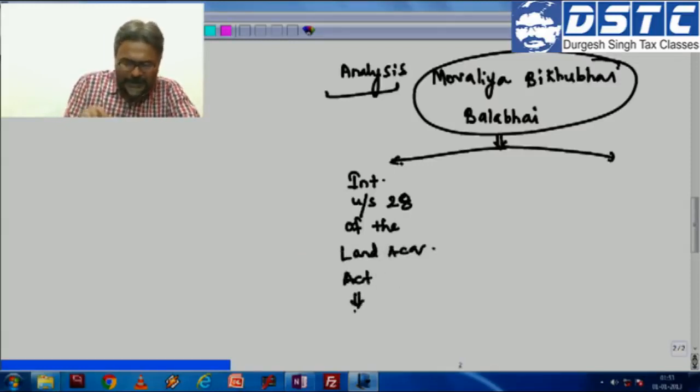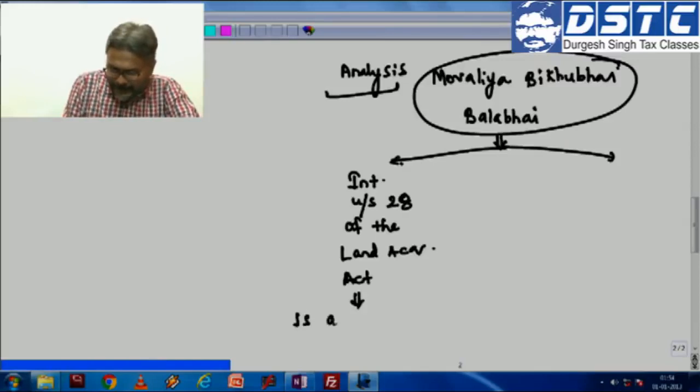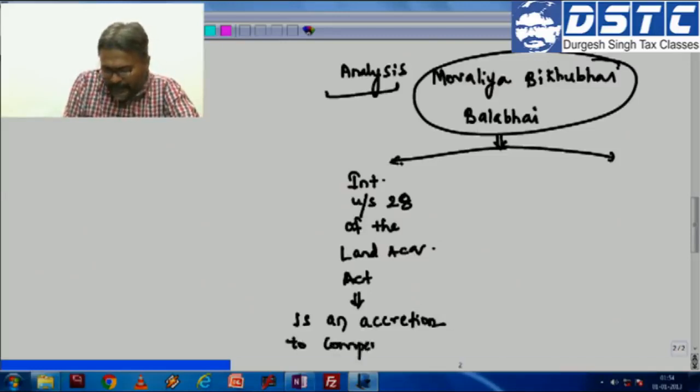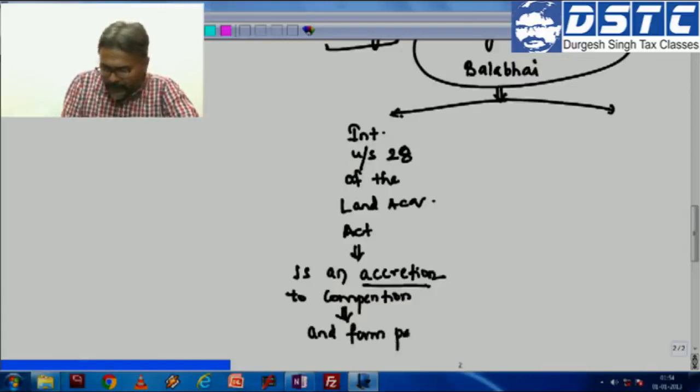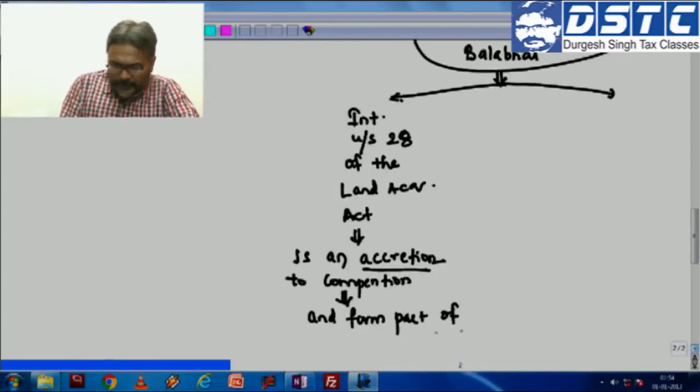If you go with this section 28 of the Land Acquisition Act, then it becomes a case of accretion to the compensation. What do you mean by the term accretion? Accretion means addition to the compensation. So it takes the form of an addition to the compensation, and forms part of the compensation.